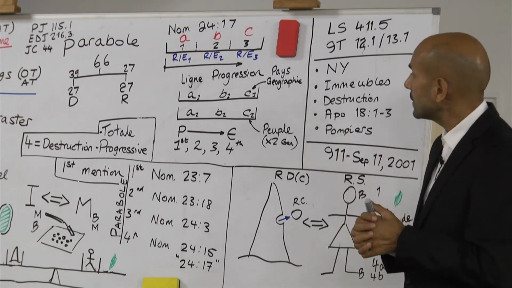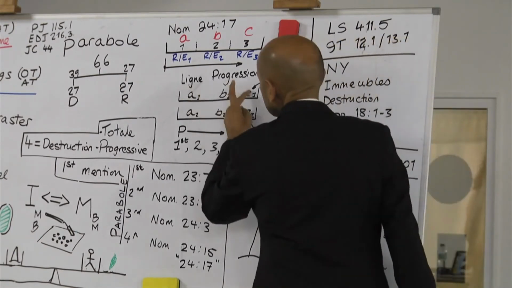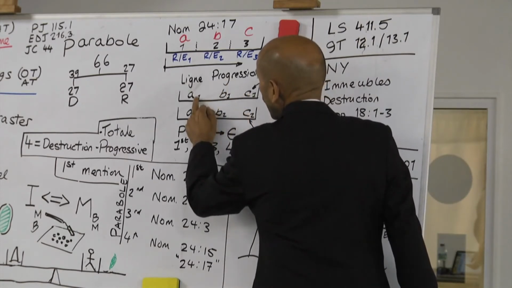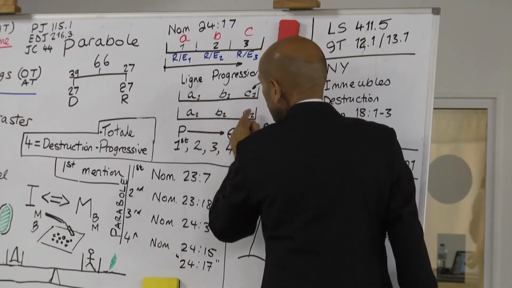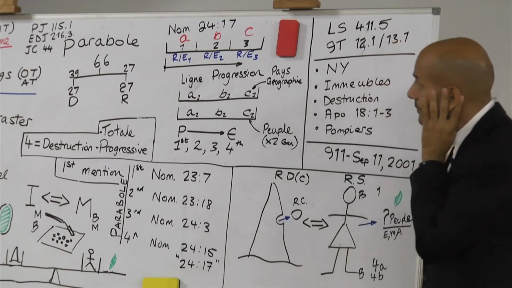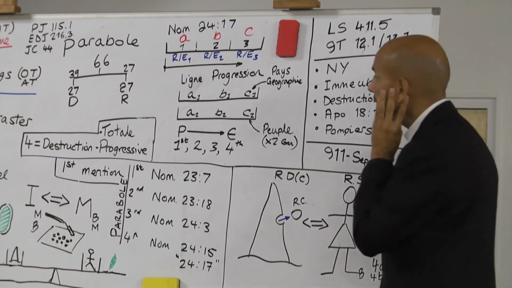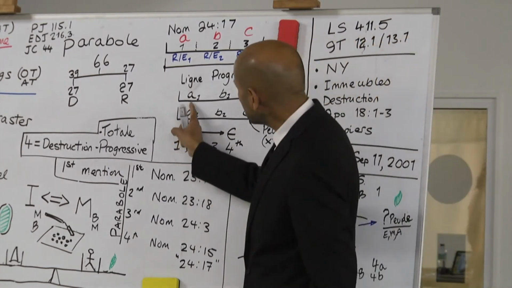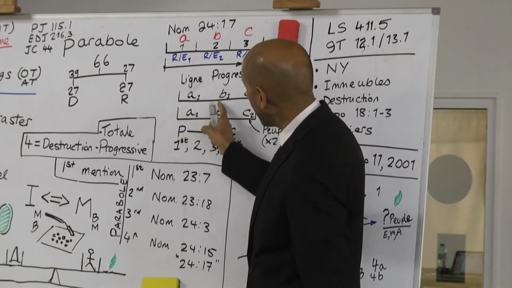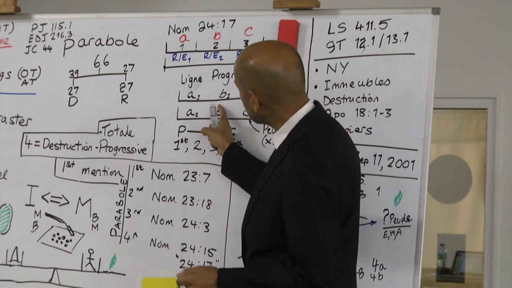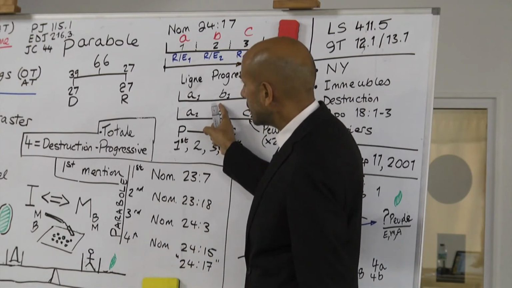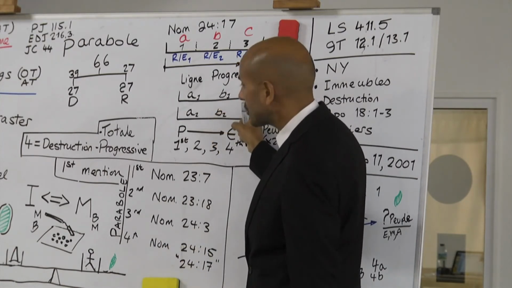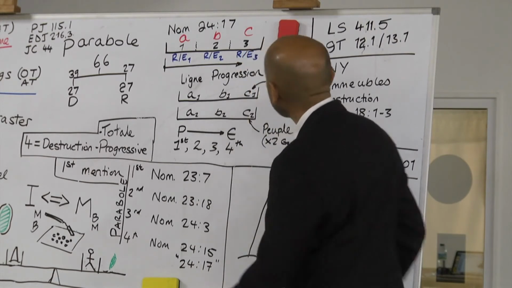So I've got A, B, C, all the ones, and the same with all the twos. A person's coming, he's going to have a stick and he's going to punish.